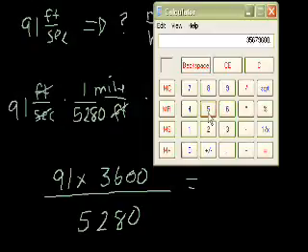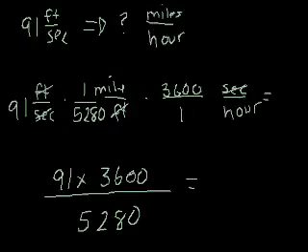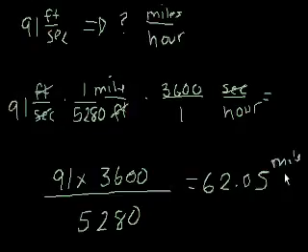I think my mouse is messed up. Let me see if I can type it. 91 times 3,600 divided by 5,280. 62.05. So that equals 62.05 miles per hour.